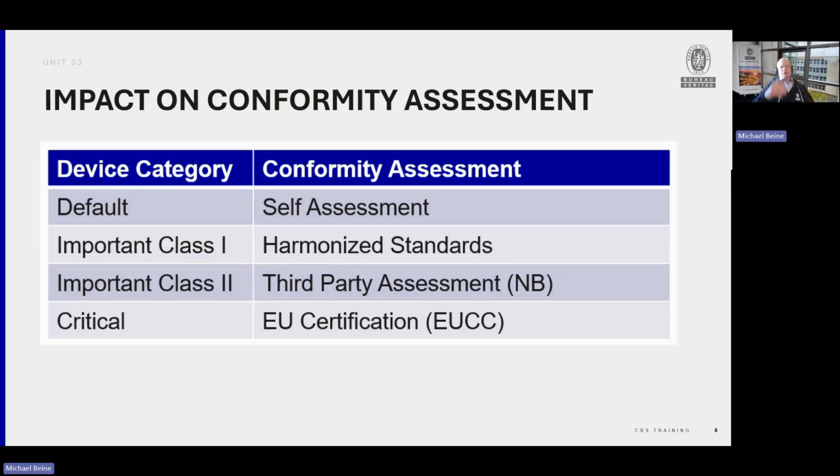It's very clear for each category, it's possible to jump into a higher class. So you can also do EU common criteria certification for a default product, but because of the costs and complexity of EUCC or common criteria, you will probably not do it. But this is the consequence of the categorization, the main consequence. What is the assessment to apply?